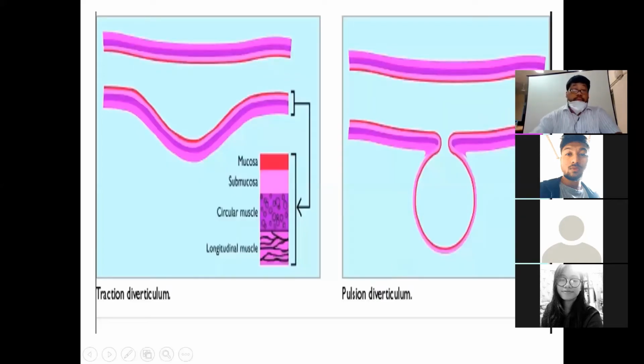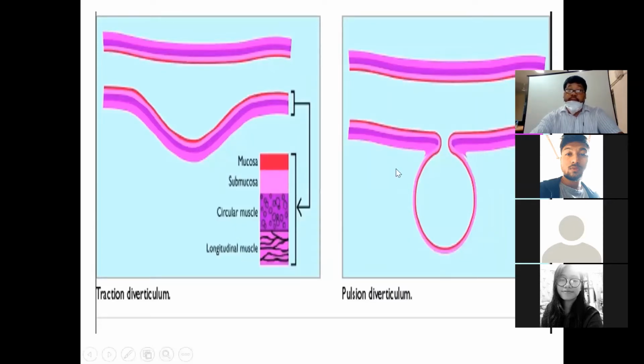So these are the two types of diverticulum which we generally encounter. One is traction diverticulum and another one is the pulsion diverticulum. This traction diverticulum occurs mainly secondary to some granulomatous infection.